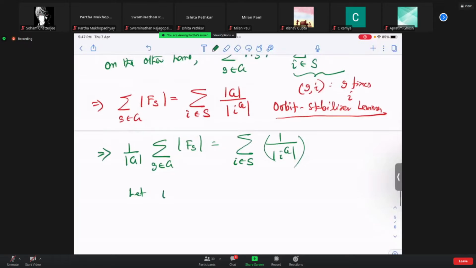Let O be an orbit of size K. Now i is running over the set S. So how many times will this 1 over K contribution be there? For every element i in the set S, you will have a contribution of 1 over |orbit of i|, for exactly K times, right?